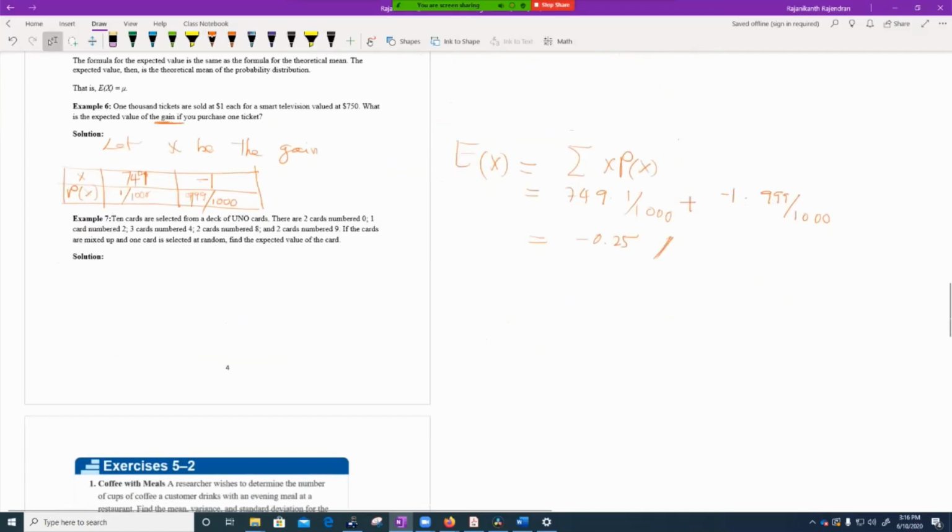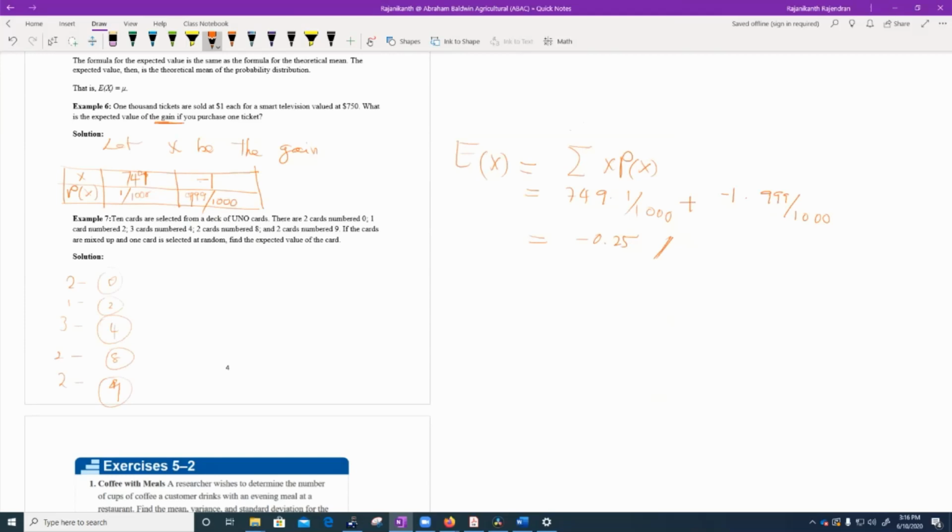Okay. The next problem, the last example. 10 cards are selected from a deck of Uno cards. There are two cards numbered 0, one card numbered 2, three cards numbered 4, two cards numbered 8, and again two cards numbered 9.